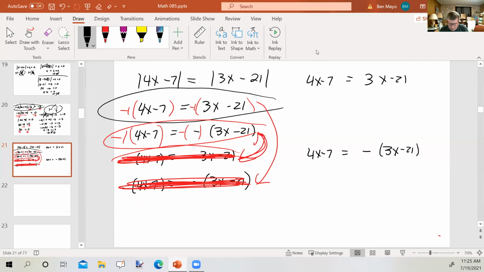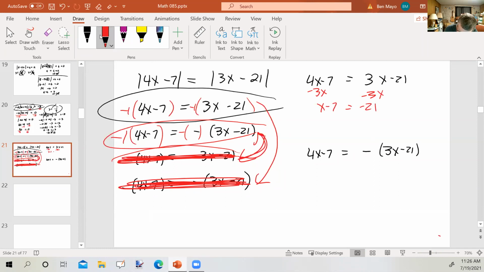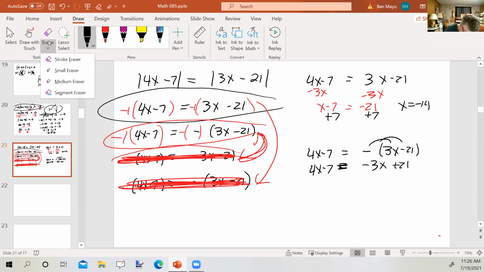All right. So let's solve that top equation. We're going to subtract 3x from both sides. We're going to get x minus 7 equals negative 21. Add 7 to both sides, x equals negative 14. So that's a possible solution. The second equation becomes 4x minus 7 equals negative 3x plus 21, distributing that negative sign.